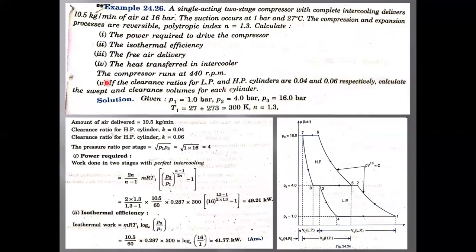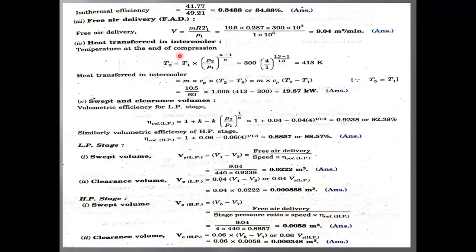Next, he has asked to find out the heat transferred in the intercooler. To find that, we must find out the temperature at the end of compression in the low pressure compressor. This is the formula which we already know. By substituting the values here, you definitely know the delivery temperature for the low pressure cylinder.